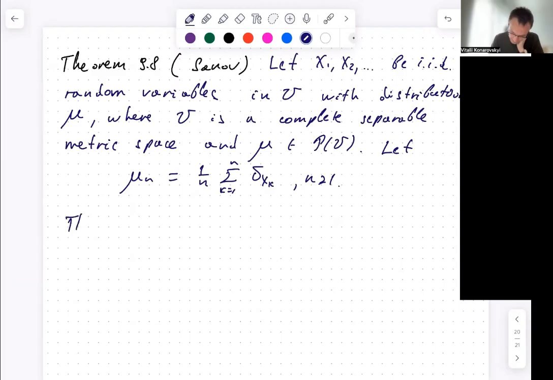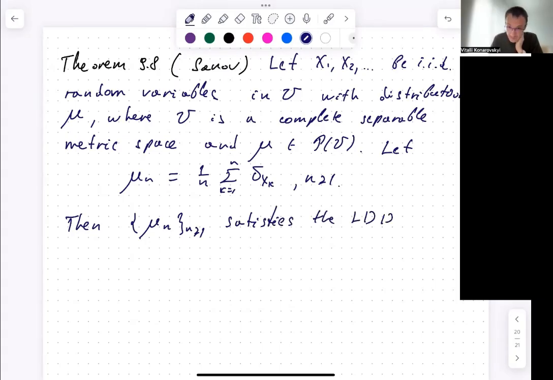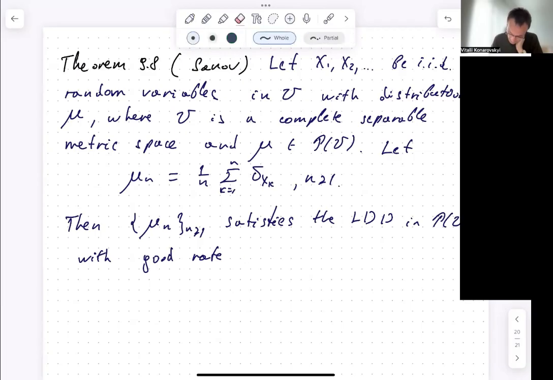Then the family mu_n satisfies the large deviation principle in P(U) with a good rate function that is the relative entropy.